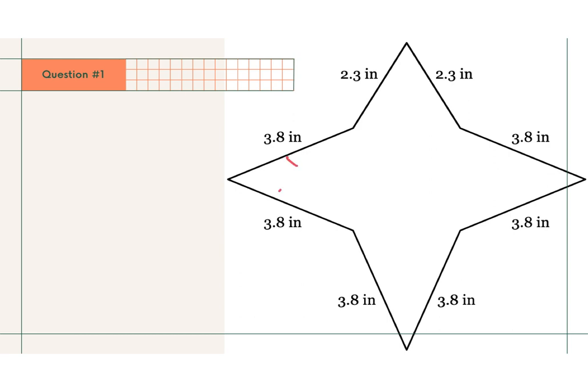These two sides are both 3.8, which I know if I add together are 7.6. And it looks like we got a couple extras that are also 7.6, because we have the same numbers, so 7.6. We got that 3 times. And I know that 2.3 and 2.3 is 4.6. So that's a lot less writing for me to do over on the side.